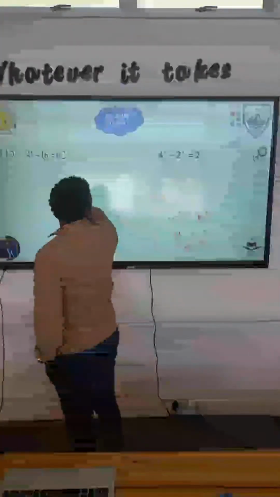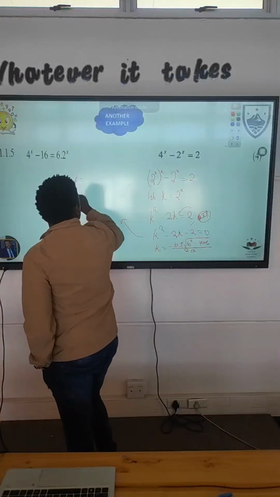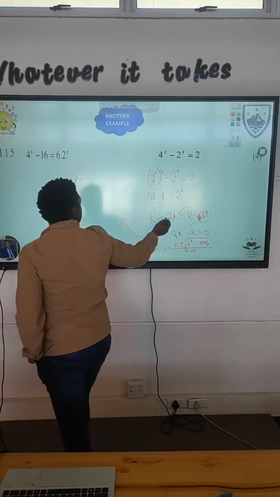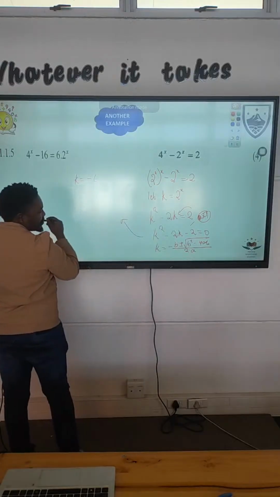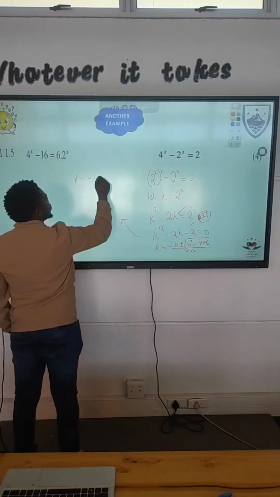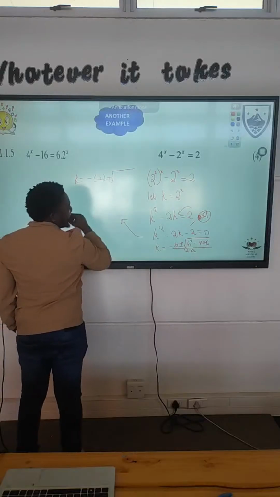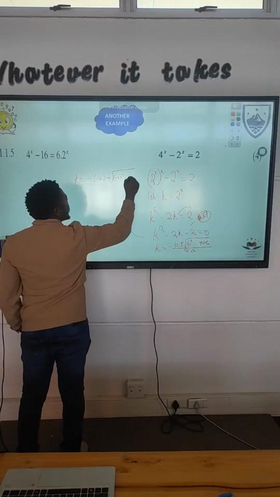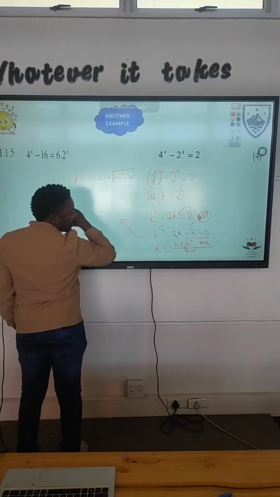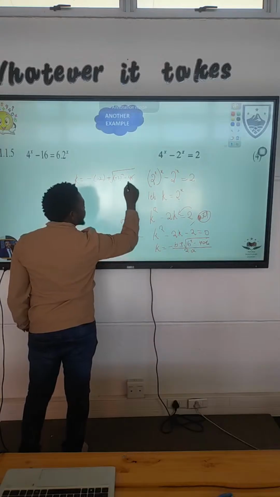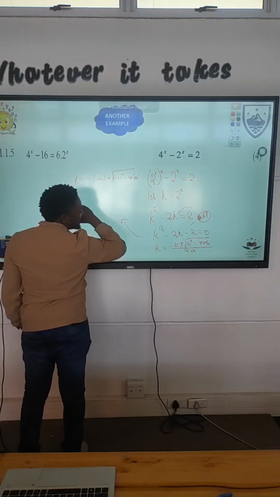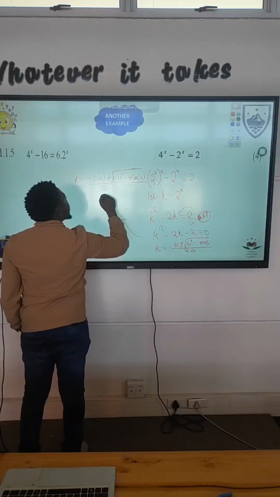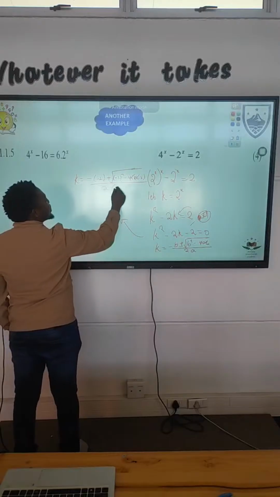So our k will simply be negative b, where b is negative 2, so that's a positive 2, plus or minus the square root of b squared, negative 2 squared, minus 4 times a, which is 1, times c, which is negative 2. That is 4 plus 8, which is 12, over 2 times a, and a is just 1.